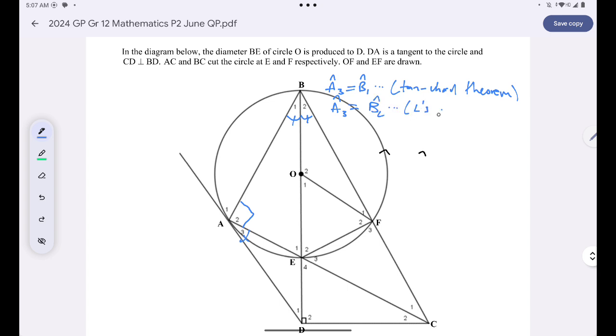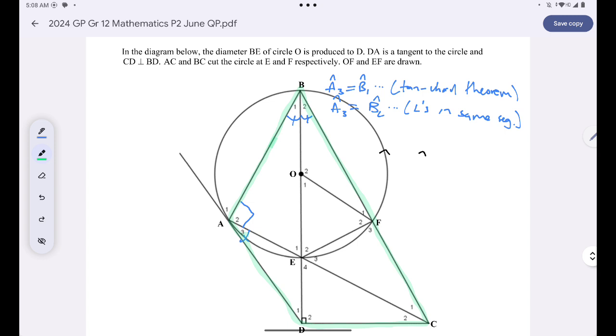These are angles in the same segment, since I have proven that this shape is a cyclic quad. You can see that chord DC subtends angle A3, and chord DC also subtends angle B2 at the circumference of that cyclic quad.